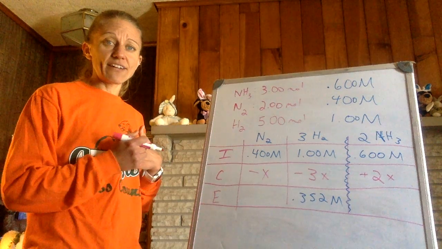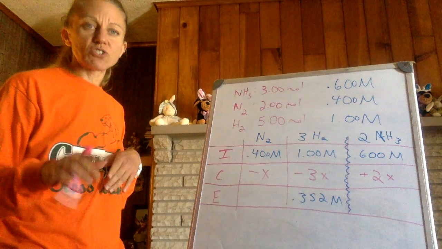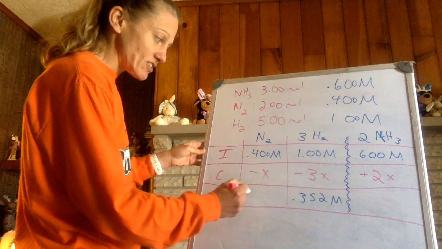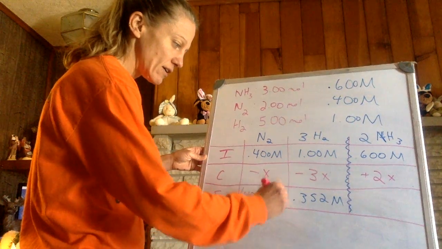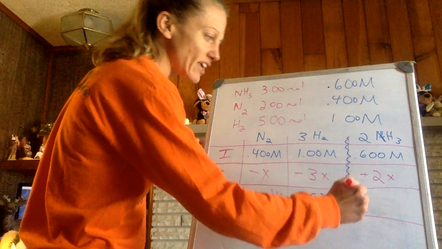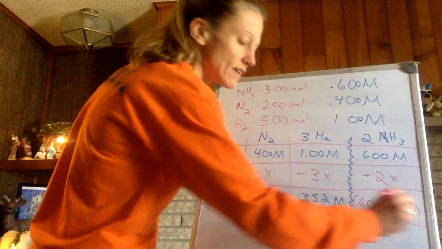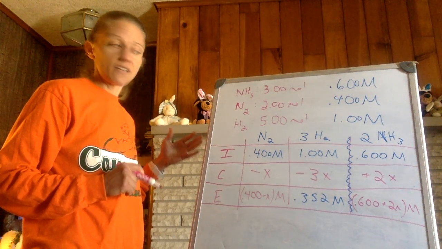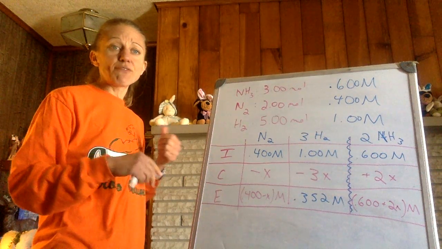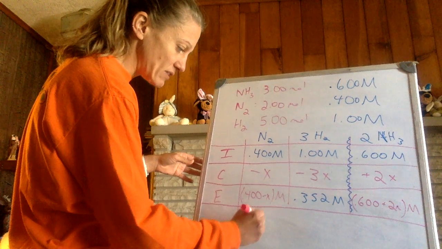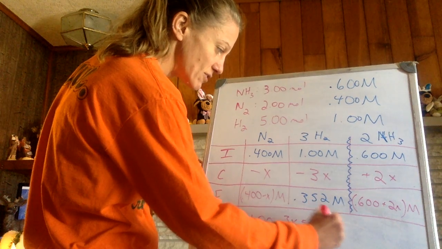And I carry that change into where it says equilibrium. I didn't fill this out in your chart, but I can just as easily say 0.400 minus X would be my molarity, and in this case, 0.600 plus 2X is my molarity. So it's basic algebra now to solve for my concentrations, and I have them put in your packet. I know that 1.00 minus 3X equals 0.352.